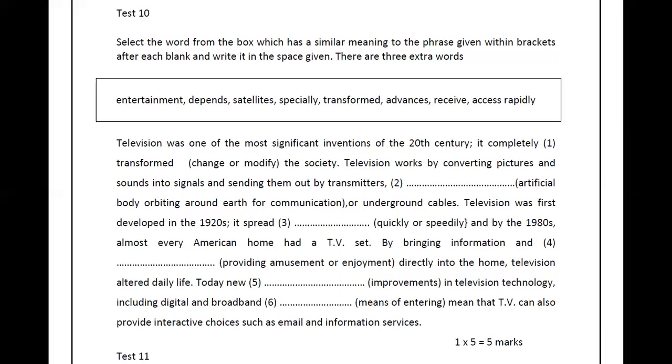Alright? Okay. Television was one of the most significant inventions of the 20th century. It completely blank, change, or modify. It means transform. It completely transformed the society. Television works by converting pictures and sounds into signals and sending them blank, body orbiting around Earth for communication, or underground cables.